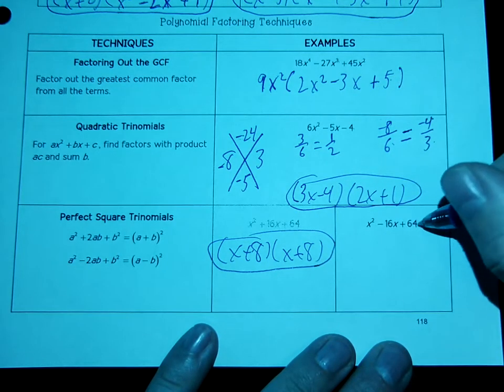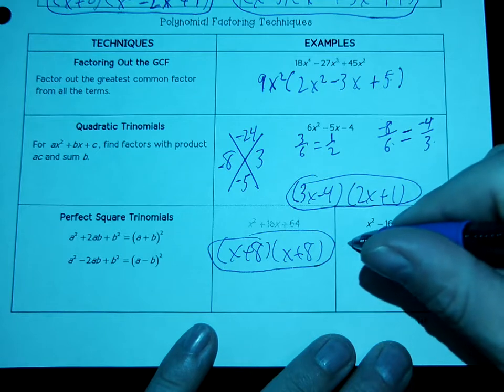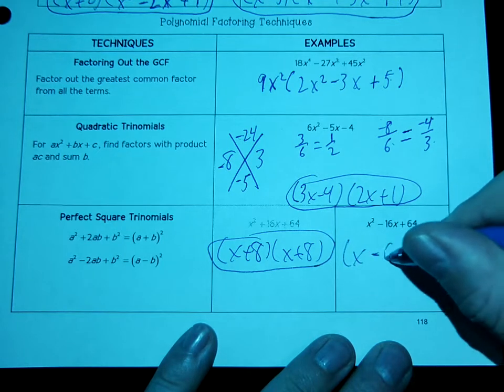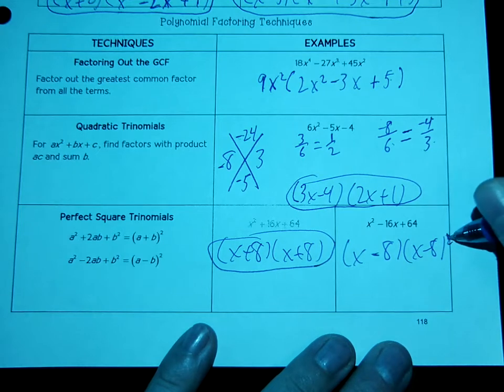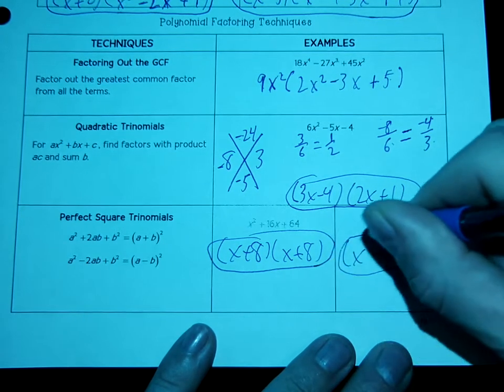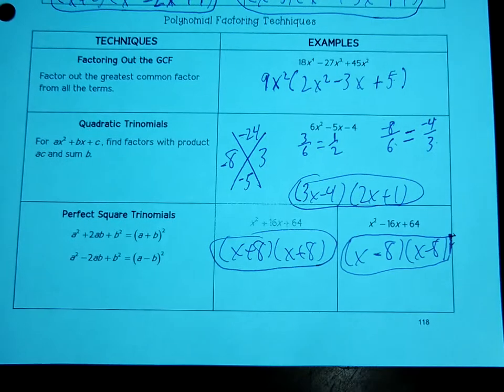And then here again, this is the same thing. This is a minus because 16 is twice the square root of 64. We got x minus 8 times x minus 8, not squared, just regular. Or we can just do x minus 8 quantity squared for that one as well. That would be perfectly fine.